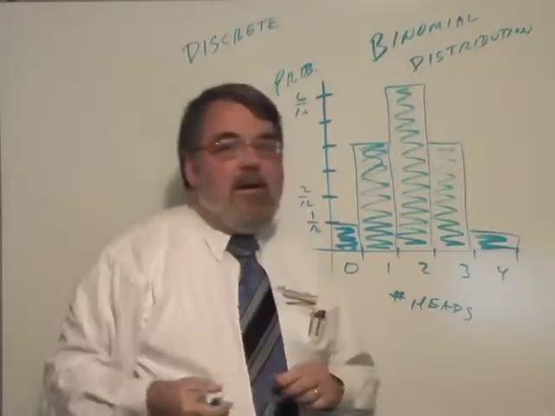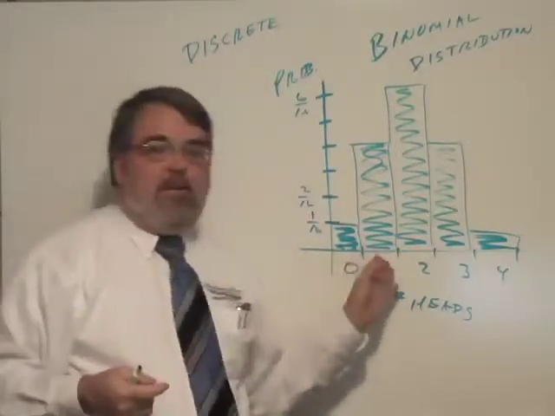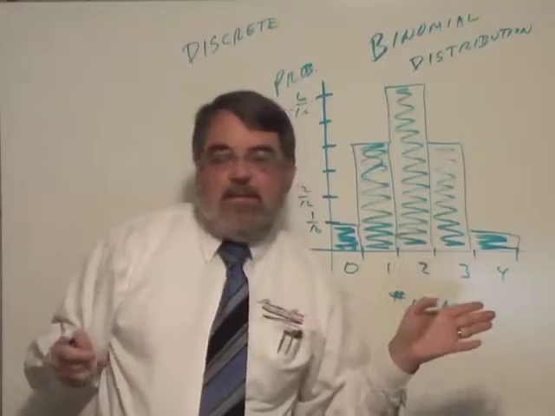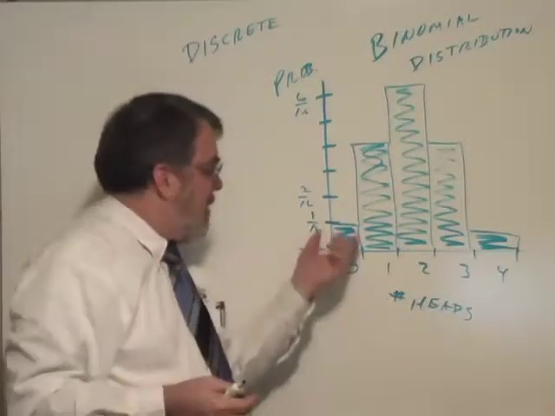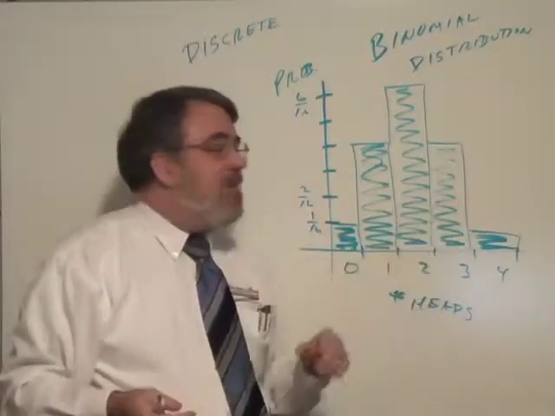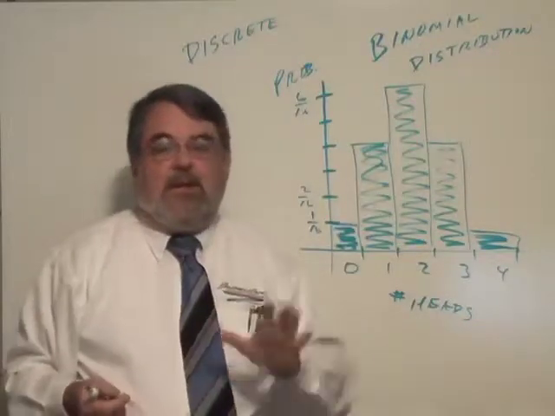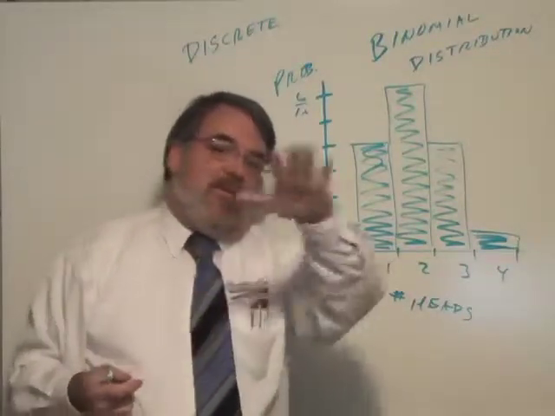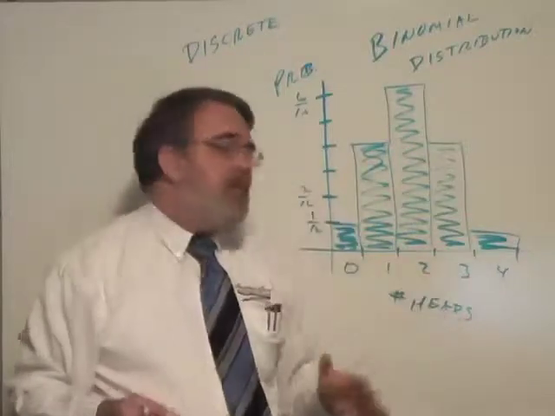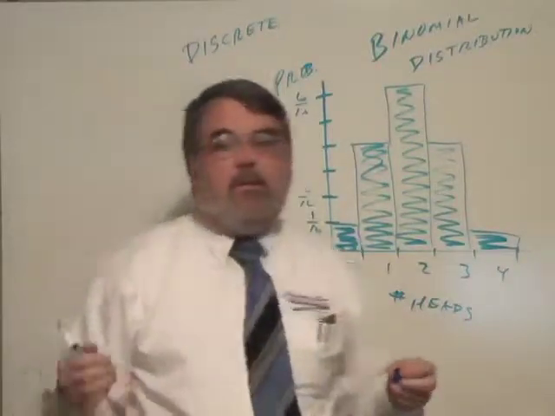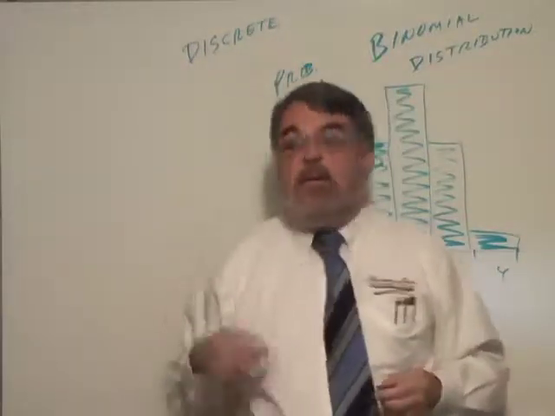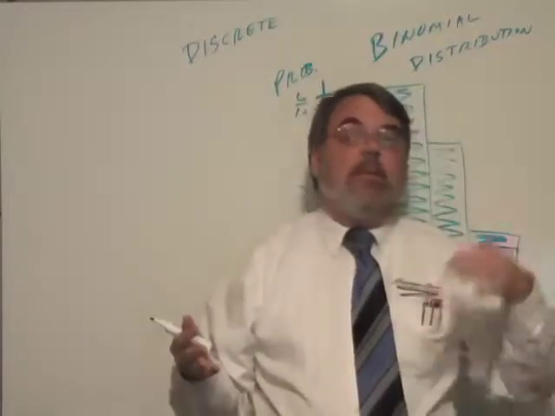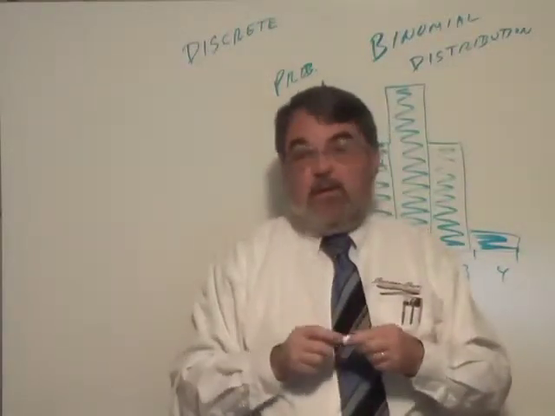I can't, for example, measure 1.2 heads or 3.7 heads. In this case, it's just integers, discrete. Compare that to continuous. Continuous means smooth, which we'll see in a bell curve. So there are two forms of probability distribution functions: discrete, and also the continuous form.